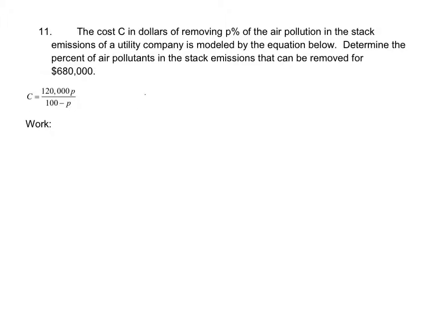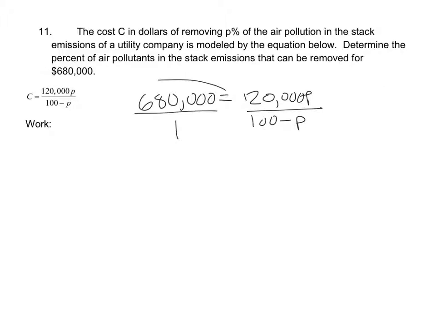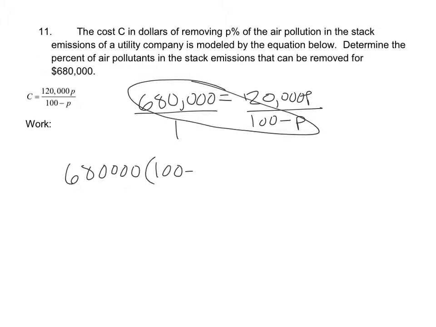So $680,000 equals 120,000 P divided by 100 minus P. So again, just cross multiply. So you have 680,000 times 100 minus P equals 120,000 P.